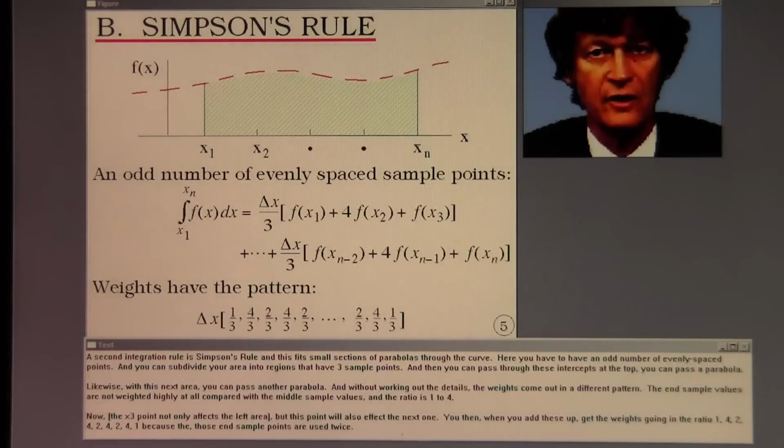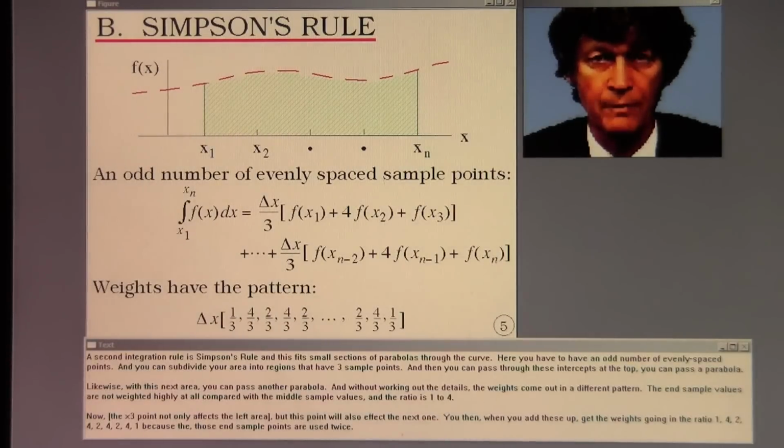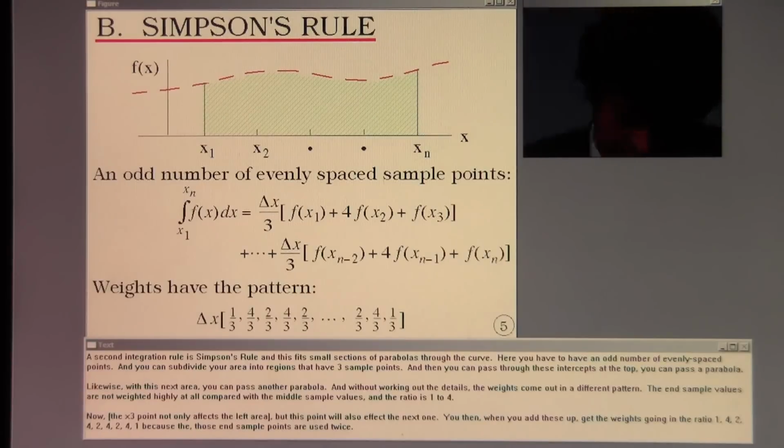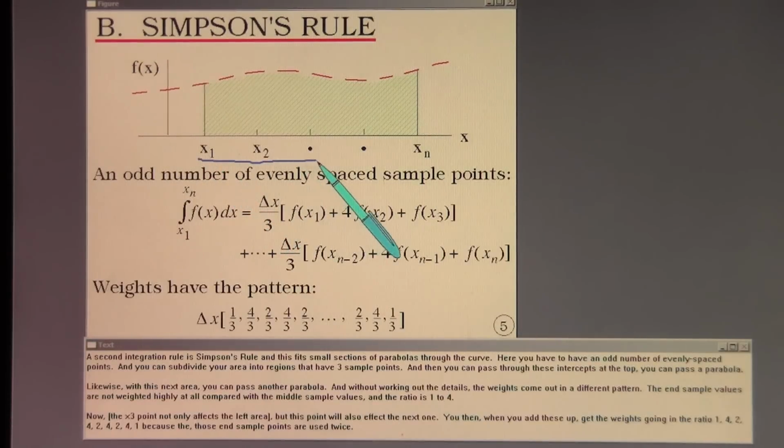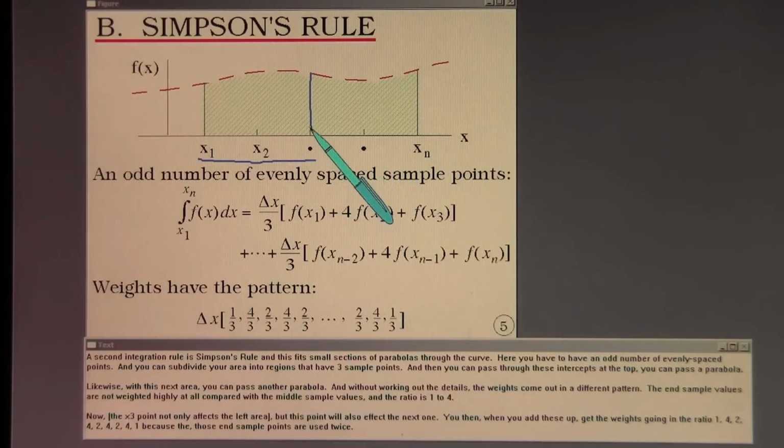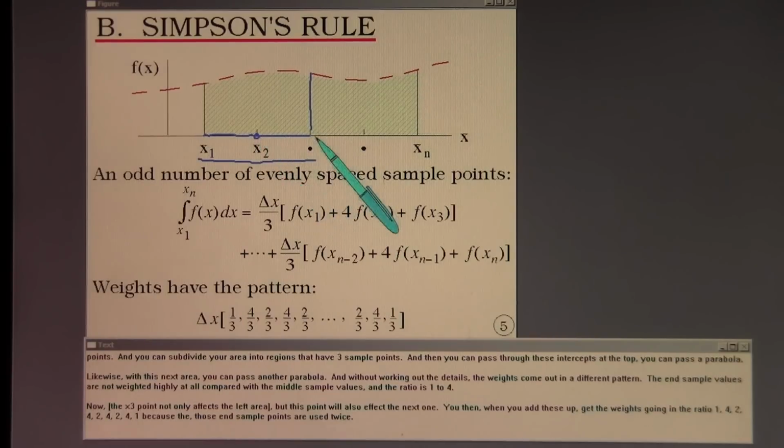A second integration rule is Simpson's rule, and this fits small sections of parabolas through the curve. Here you have to have an odd number of evenly spaced points, and you can subdivide your area into regions that have 3 sample points, and then you can pass a parabola through these intercepts at the top.